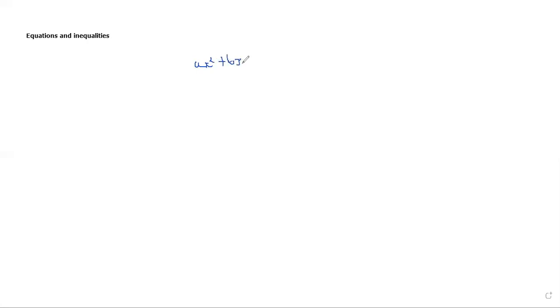So what I'm basically saying is that if you were to take this equation and complete the square, you would get something like that.